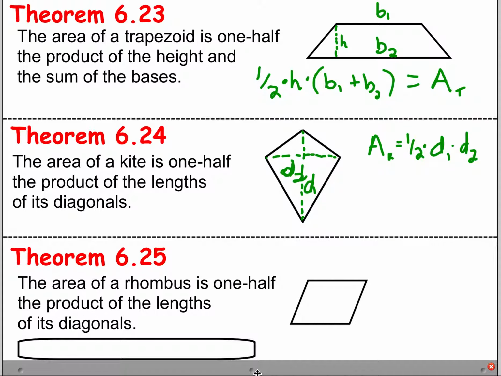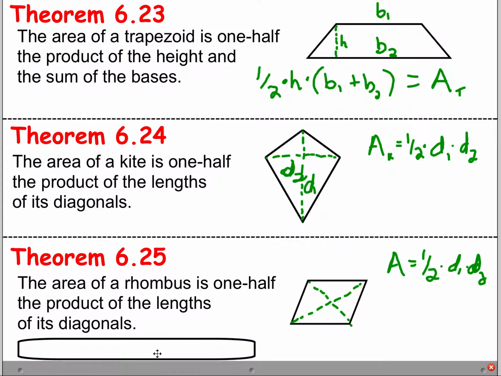And the area of a rhombus is 1/2 the product of the lengths of its diagonals. So once again, a rhombus is just like a kite. We have our two diagonals, and the area of a rhombus is going to be 1/2 times one diagonal times another diagonal.